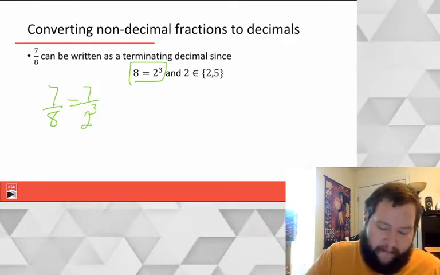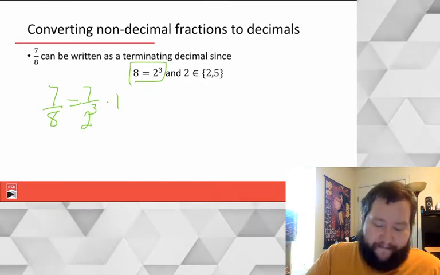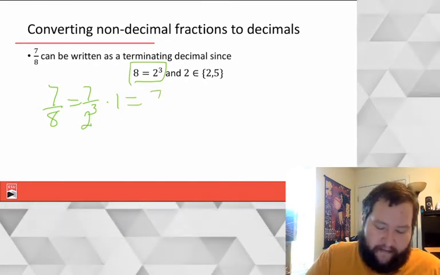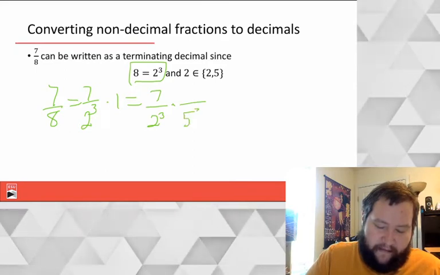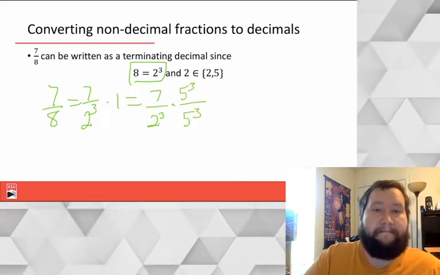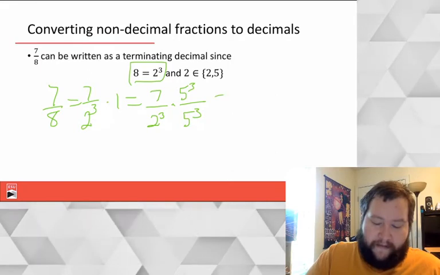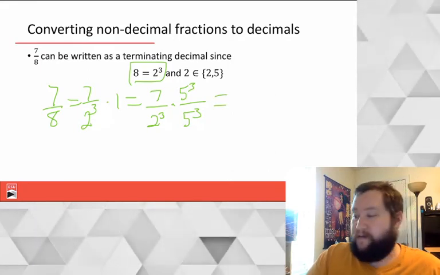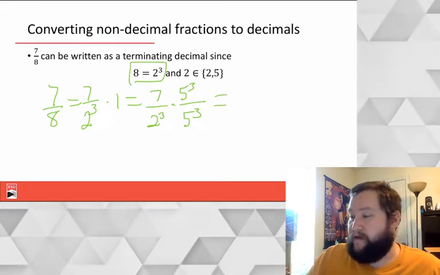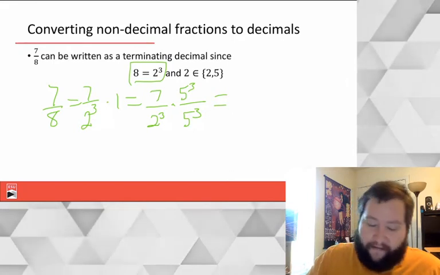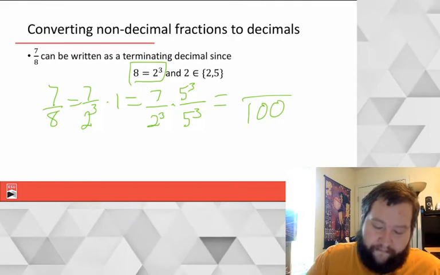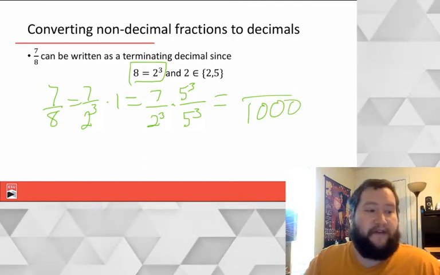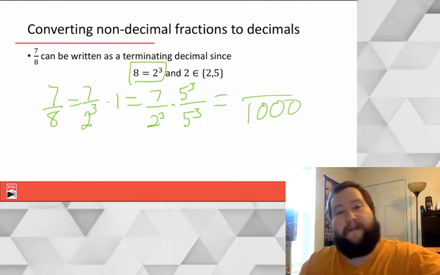And like we talked about before, we can multiply by 1 and not change it. So 7 over 2 cubed, let's get 3 of those 5's in there. So 2 cubed and 5 cubed, we said earlier, was not our 10th, our 100th, but our 1,000th. And 7 times 5 cubed is too big for me to do in my head.